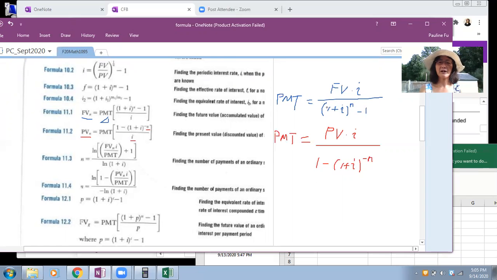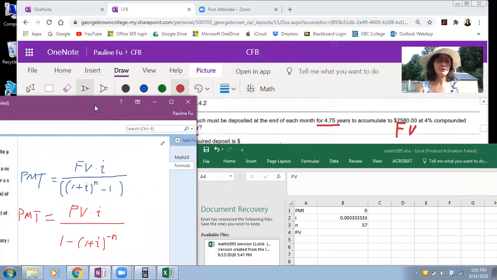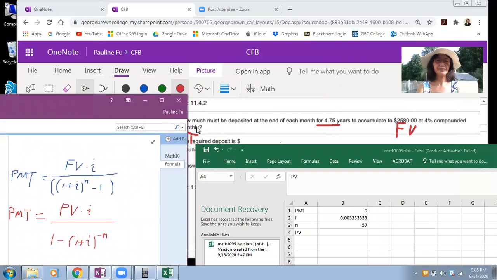When I do Excel, I usually also add a bracket here. When you do calculator, you also need this bracket, okay? So this is the formula for PMT when future value is given, okay? So I put the formula here.